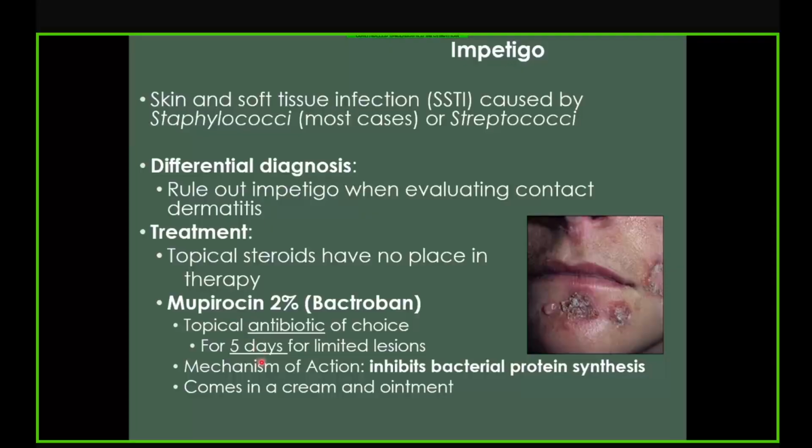You're going to use it for 5 days. And our mechanism of action, we revisit: inhibiting the protein synthesis of the bacteria, and therefore it dies. So thinking about this, staph is what's causing it. All you need to remember: impetigo, I need mupirocin 2%, Bactroban. Okay. Antibiotic because it's caused by a bug.